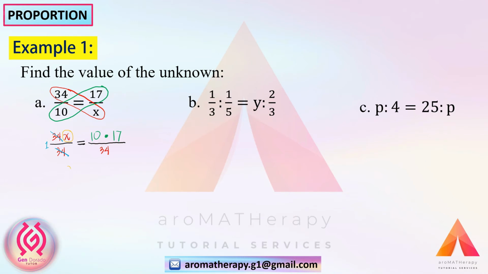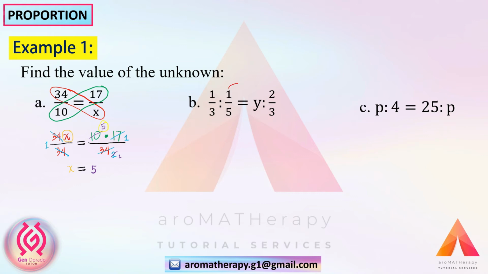So we write x is equal to, since 34 is divisible by 17, just divide 34 by 17. 17 divided by 17 is equal to 1. 34 divided by 17 is equal to 2. And then divide 10 by 2. So we get 5. So here, x is equal to 5.